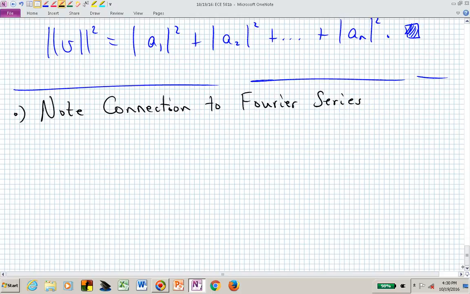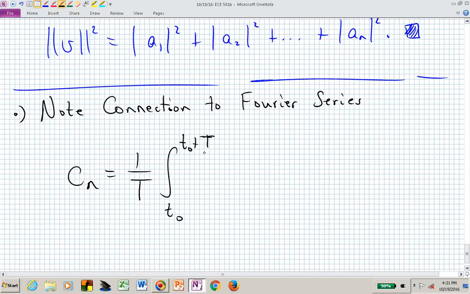What if we looked at the Fourier series coefficients? C sub n is now 1 over T, where T is the fundamental period of our periodic waveform. We integrate over one period.